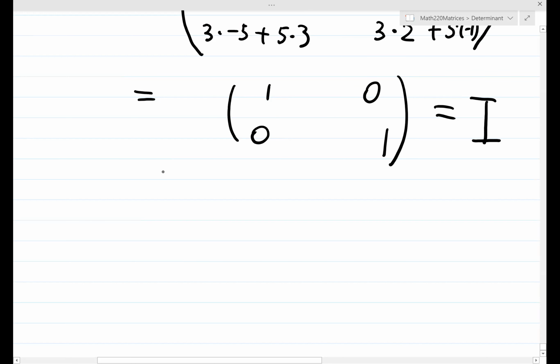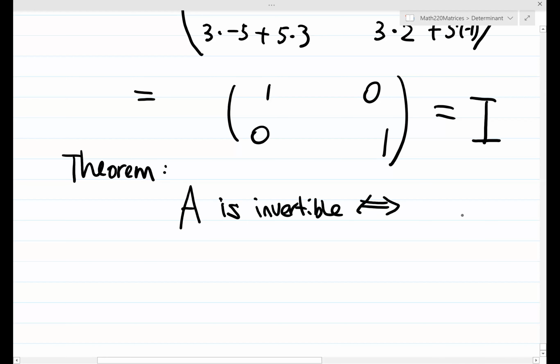When we find the inverse of a matrix, the only thing we need to do is divide by the determinant of A. This is only possible if the determinant of A is non-zero, since we can only divide by a non-zero number. So A inverse exists, i.e. A is invertible, which is equivalent to the determinant of A being non-zero.